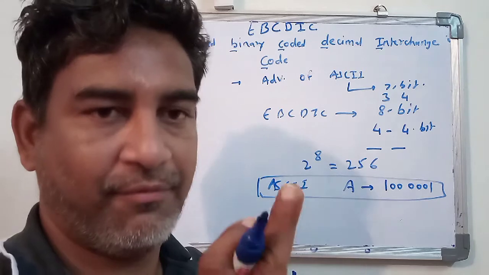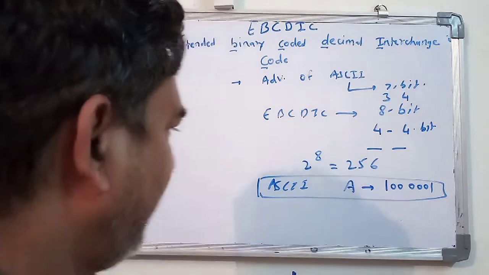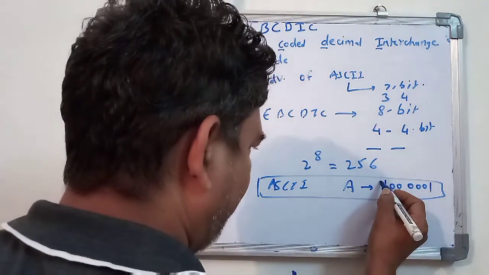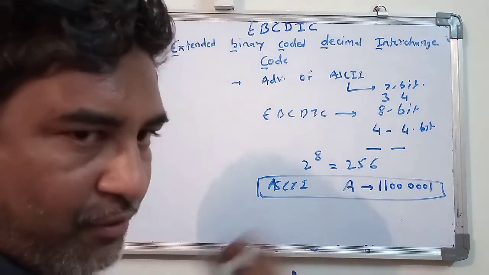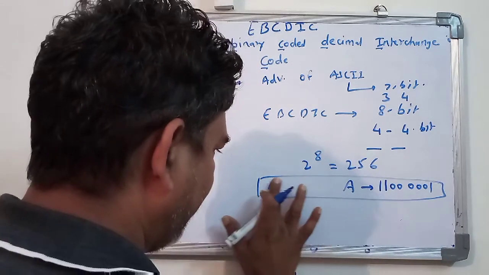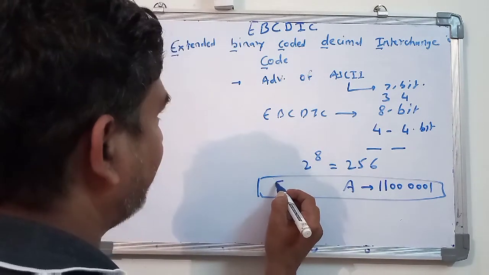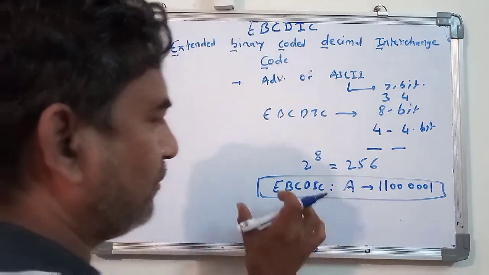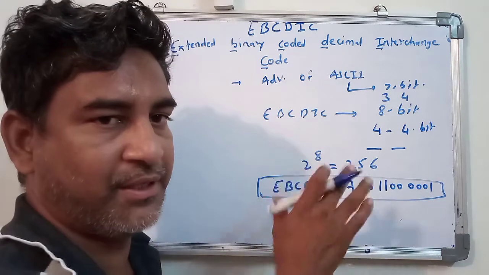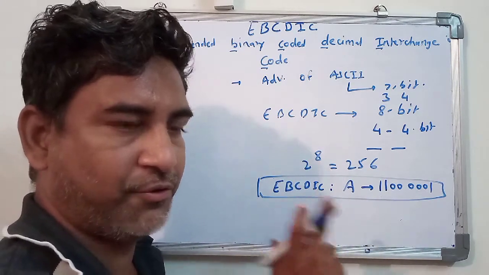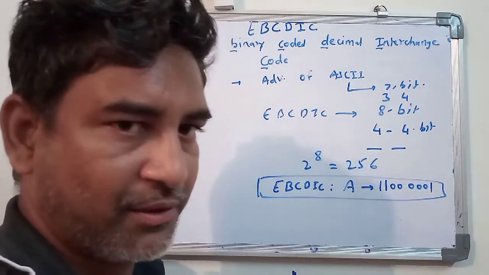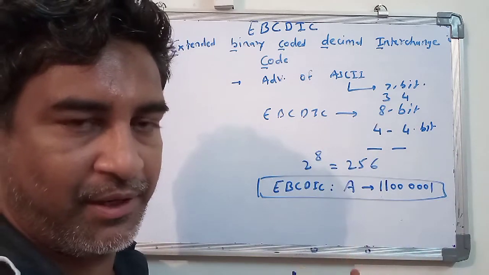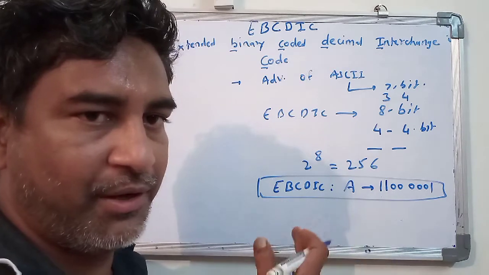Okay students, only in the first 3 bits you have to add 1 before the third number, and the number gets converted. That is the EBCDIC. So it is only the conversion to EBCDIC. Understood? Wherever the third bit is present, 1 has to be added before that particular number.